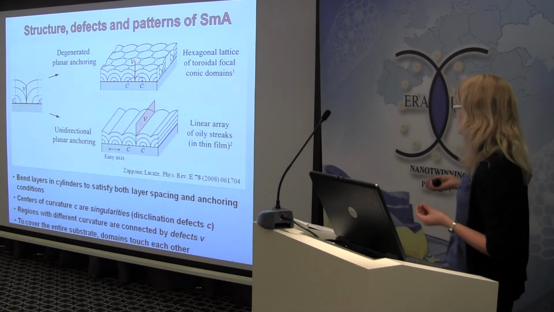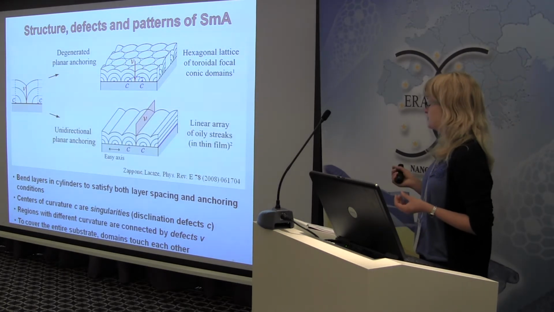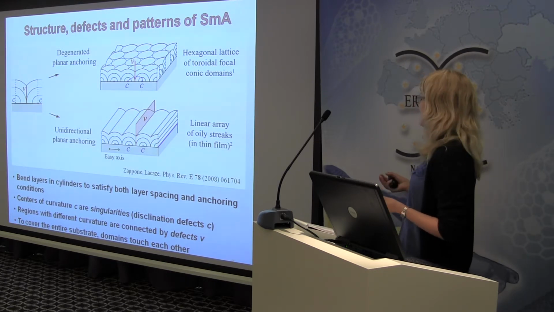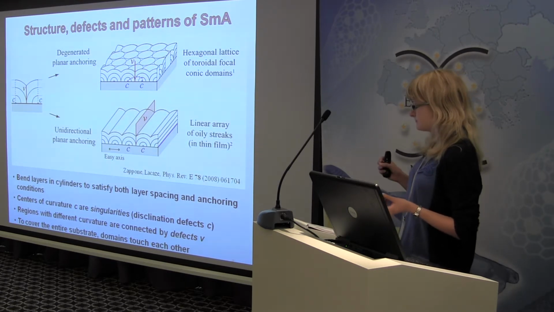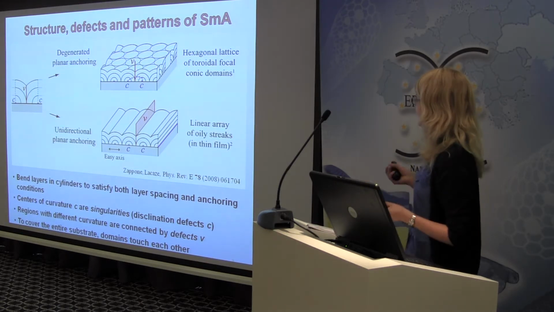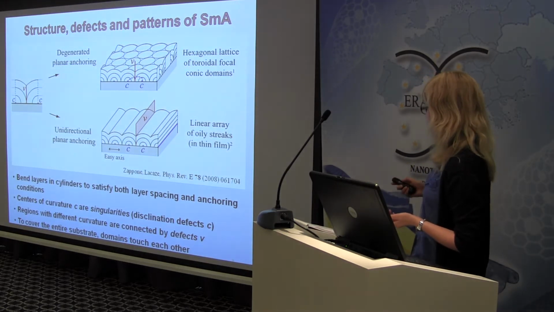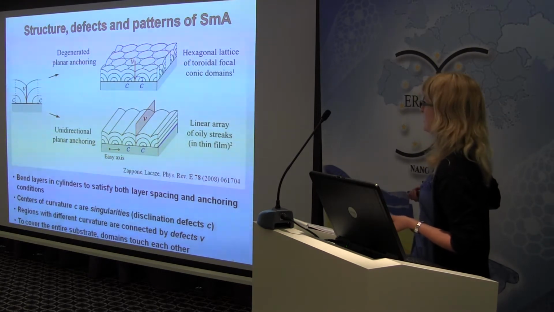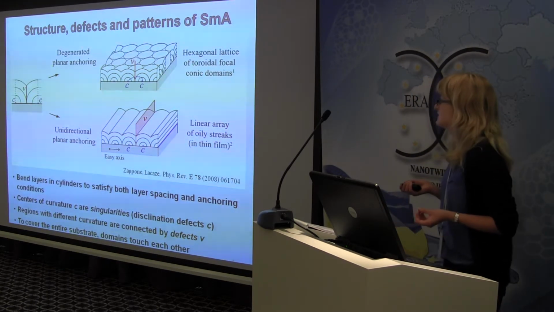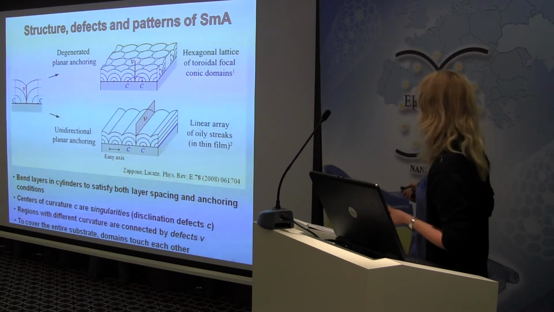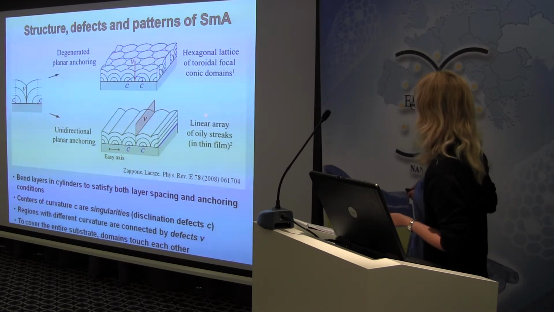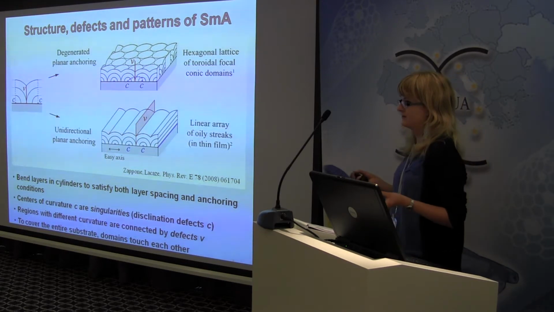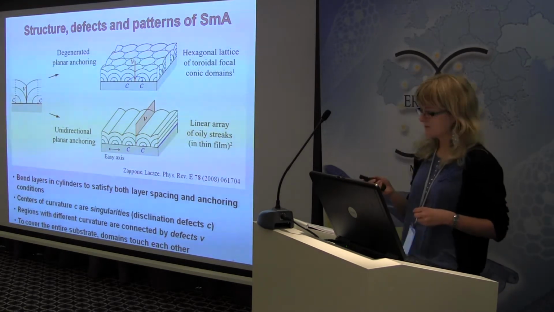And in this case, smectic layers are bent in cylinders around the disclination line, which is typically a straight line. And also another type of defect appears here. It's a curvature wall which connects the regions with a different curvature.